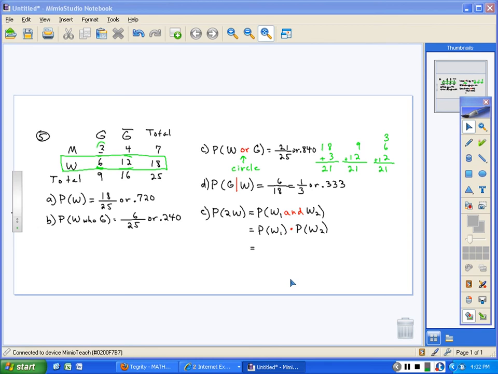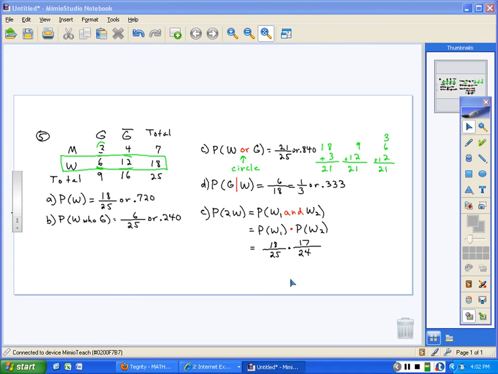And it was 18 over 25. So that's for the first woman. For the second woman, we assume always that this is without replacement. So there aren't 25 people there anymore. There's only 24. And the one person we picked was a woman. So we know that there are only 17 women left.